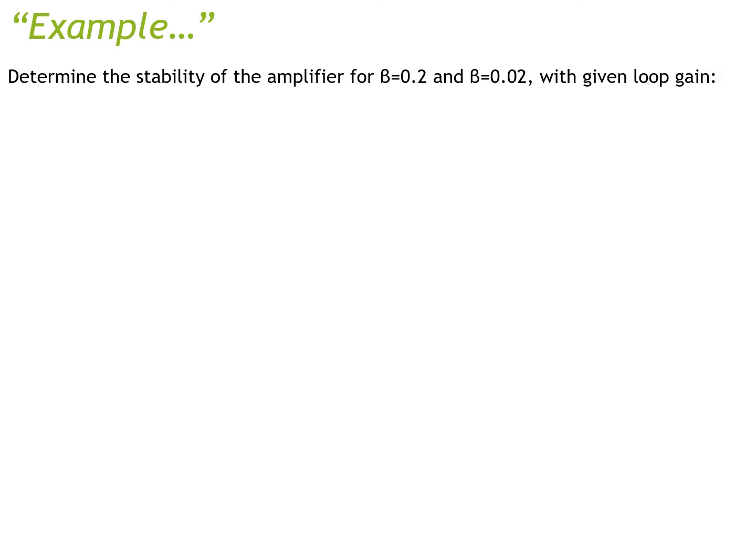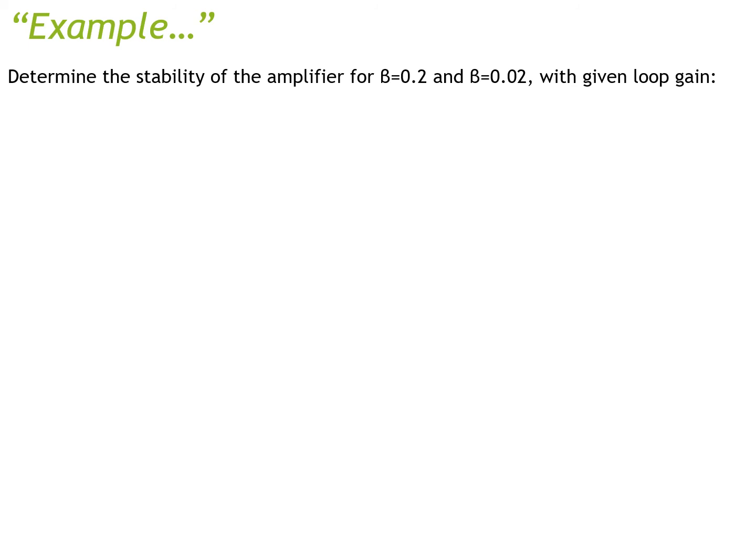I will ask you to determine the stability of an amplifier for two different feedback transfer functions. The first amplifier will have a feedback transfer function of 0.2, and the second amplifier will have a feedback transfer function of 0.02.